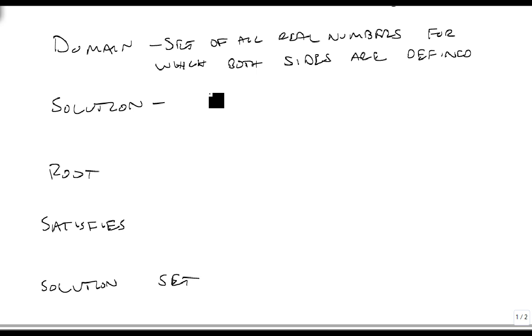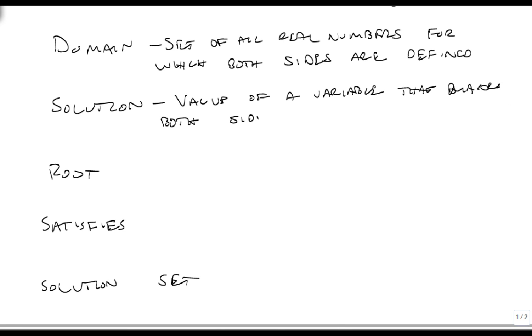The solution is the value of a variable that makes both sides equal. So, if you plug in a value and it makes both sides equal, then it's said to be a solution. The domain is all of the legal values that could be a solution, but the domain is always bigger than the solution.